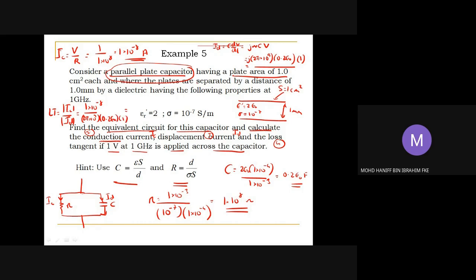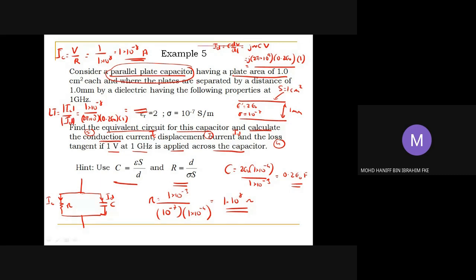Please calculate these values. That should be the loss tangent of your material at this particular frequency of 1 gigahertz. Any questions related to this example number 5 on calculation of loss tangent, conduction current and displacement current?